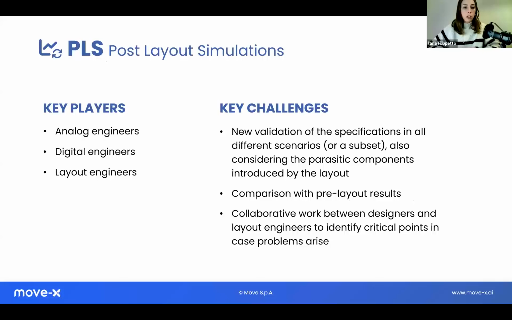Since post-layout simulations involve a larger netlist and can be really heavy and challenging to manage, they are typically performed on a subset of the previously analyzed scenarios, and we focus on the worst cases that have been highlighted during the pre-layout phase.